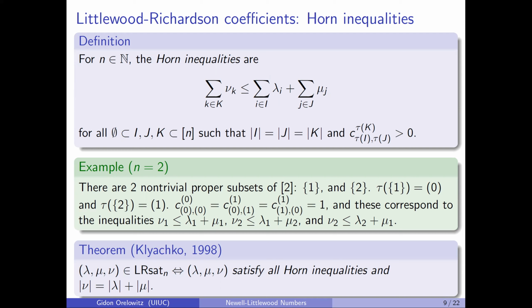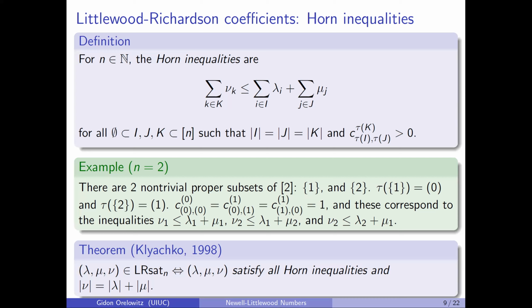So for example, when n is equal to 2, we have 3 Littlewood-Richardson triples that are sufficiently small: (0, 0, 0), (1, 0, 1), and (1, 1, 0). And those correspond to the 3 Horn inequalities for n equals 2.